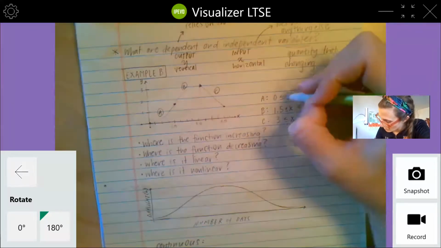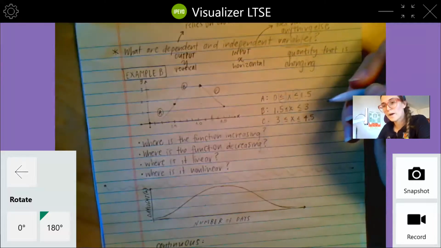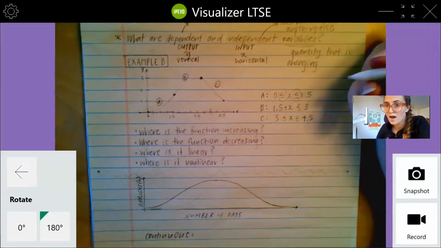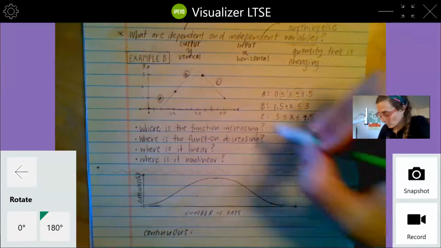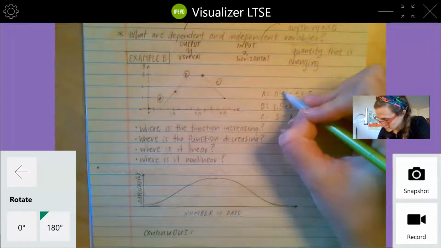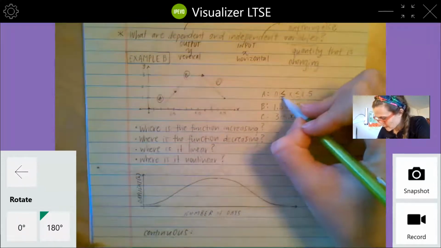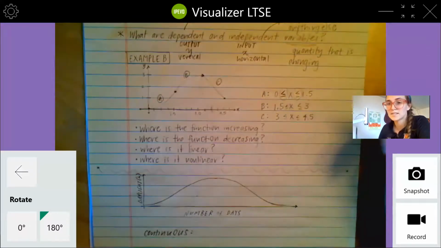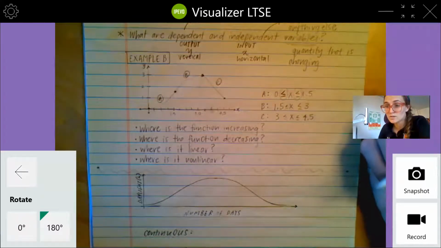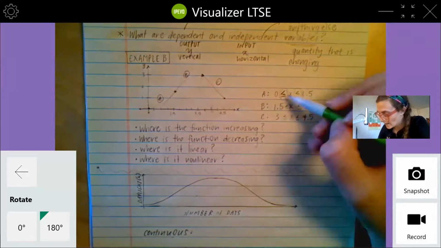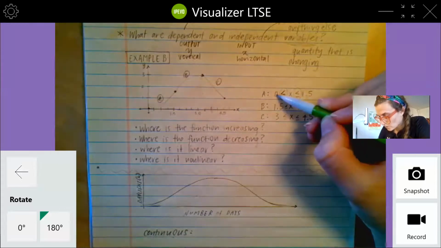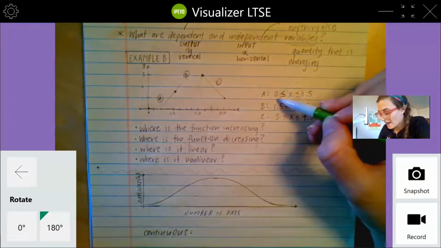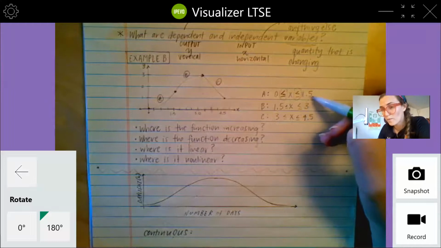Okay, so these different symbols, you'll learn more about those in chapter 5, but these are inequalities. I'm sure you've seen them before. And when we have this triangle shape and the line underneath it, what that's referring to is less than or equal to. So we're saying when X is greater than or equal to 0 and less than or equal to 1.5.